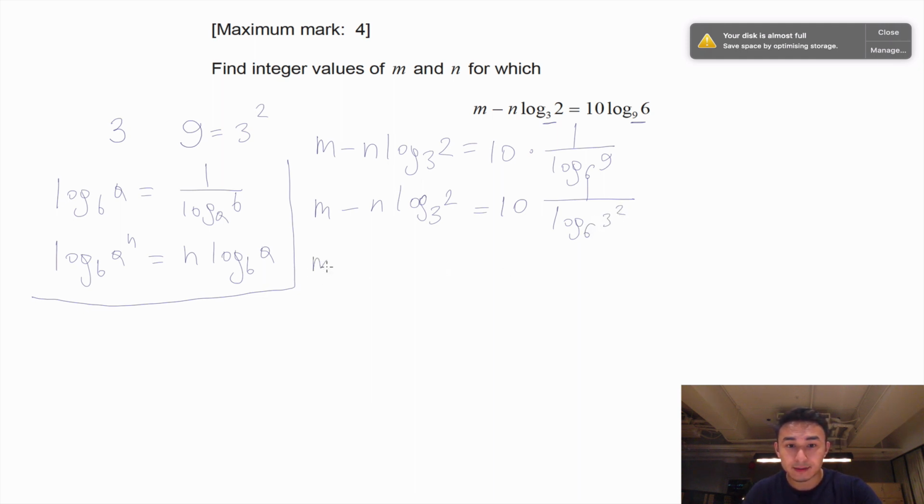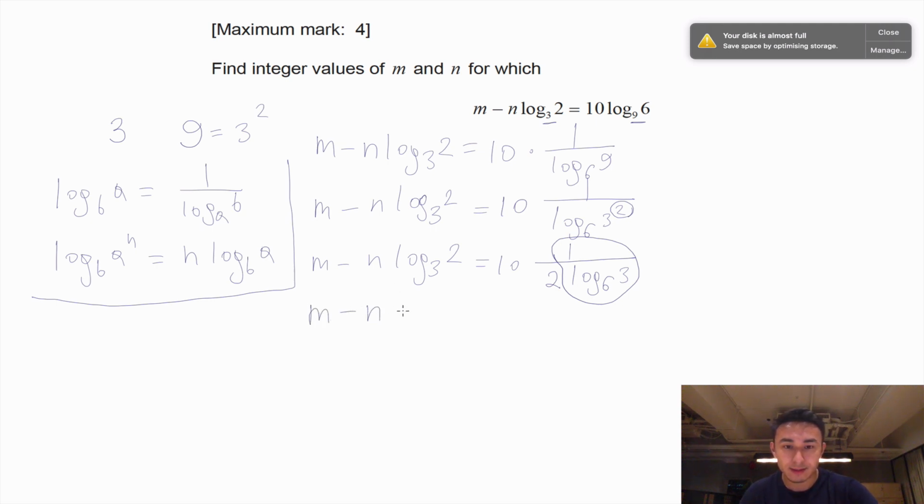Now the next step is m minus n log base 3 of 2 is equal to, now this 2, the power goes to the front, so it's going to be equal to 2 log base 6 of 3. And then we're going to convert this 1 over log base 6 of 3 into its original form.